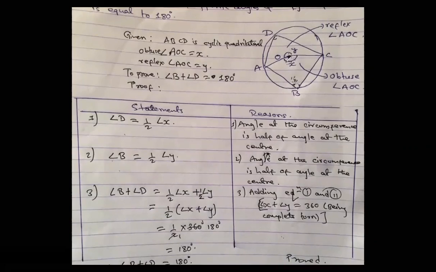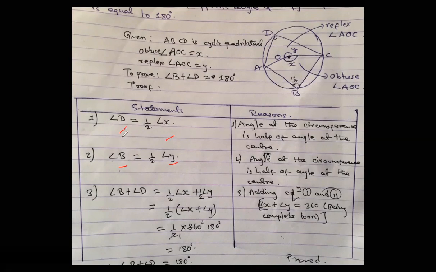अब so angle x र angle y के छ, so they are in a complete turn है, गोलो छ. गोलो means so their sum is equal to 360 degrees, complete turn, they are always equal to 360 degrees. Angle b र angle d लाई प्लस गर्दियो, यो angle यो angle लाई प्लस गर्दियो है. Angle b र angle d लाई प्लस गर्दियो भने, so LHS लाई प्लस गर्ने, RHS लाई सेम प्लस गर्ने, LHS र RHS adding equation 1 by equation 2.